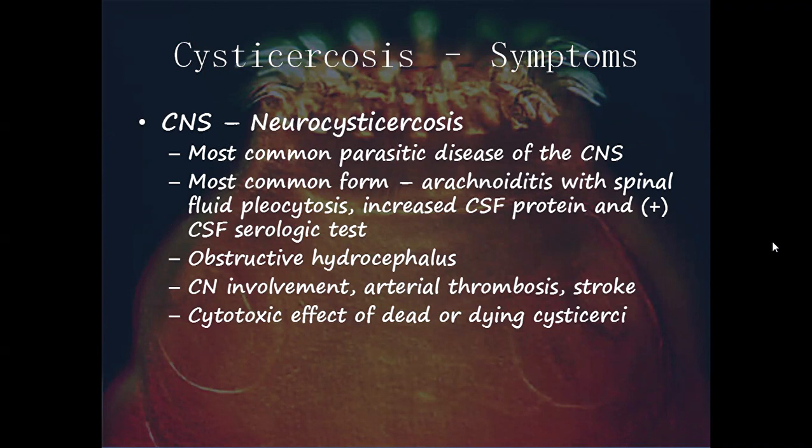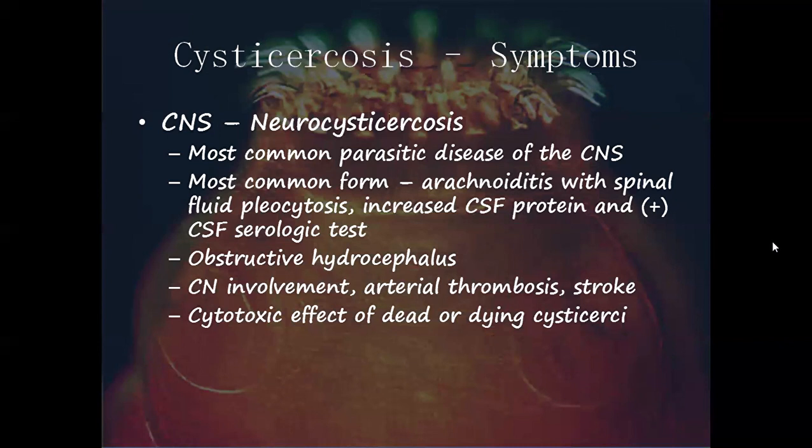Okay. In its most common presentation, neurocysticercosis will be characterized by arachnoiditis with increase in CSF WBC or spinal fluid pleocytosis, increased CSF protein, and will present with a positive serologic test for cysticercosis.